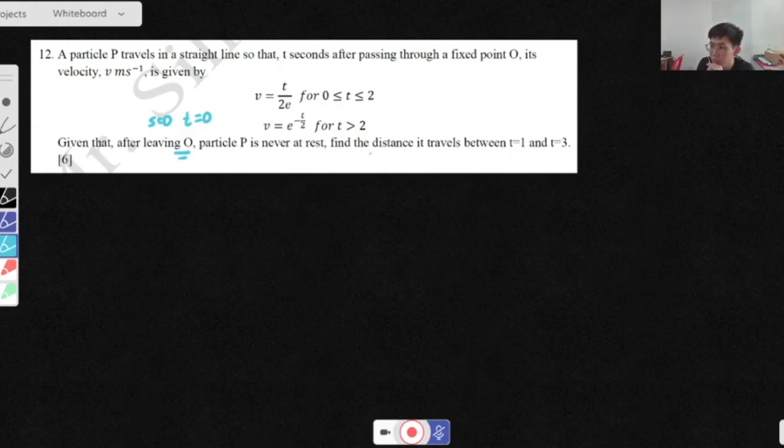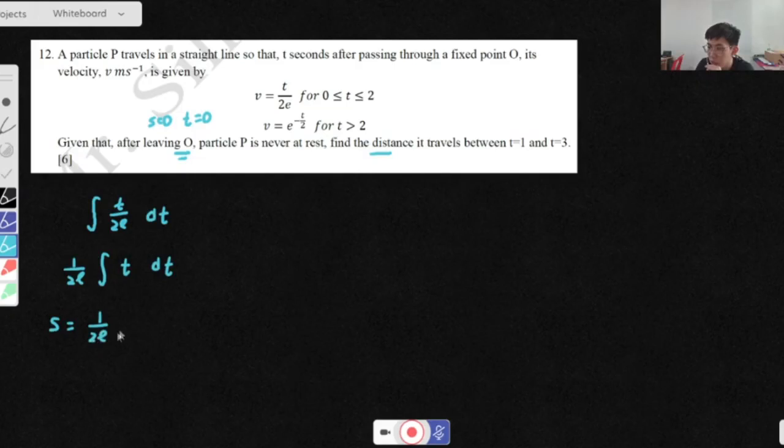If I want to find distance, I have to change all the velocity. For the first one, I have to integrate t over 2e dt. I can take out 1 over 2e because this is a constant. I'm left with t dt, and when I integrate, it will be 1 over 2e times t squared over 2 plus c.